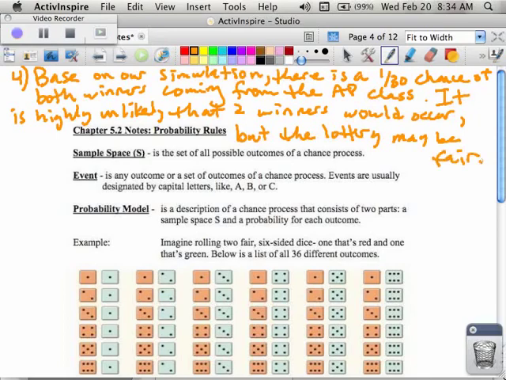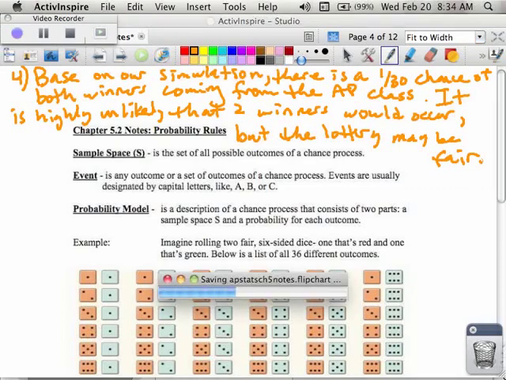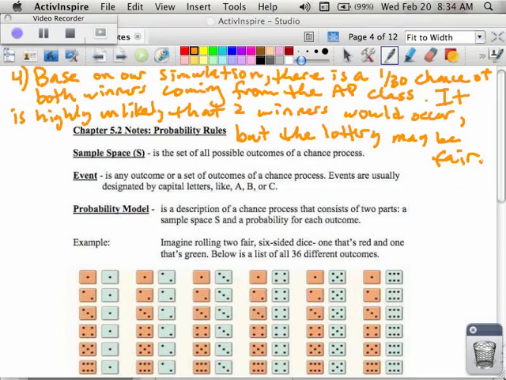So if we had to guess, is this a fair lottery or not a fair lottery? You would probably guess that it's not, because out of 100 times of doing this, you'd only expect to see it 3 times where that would occur. That's a very small chance. If you're a person who's using mathematics to justify your reasoning, you'd say this is probably a rigged lottery.